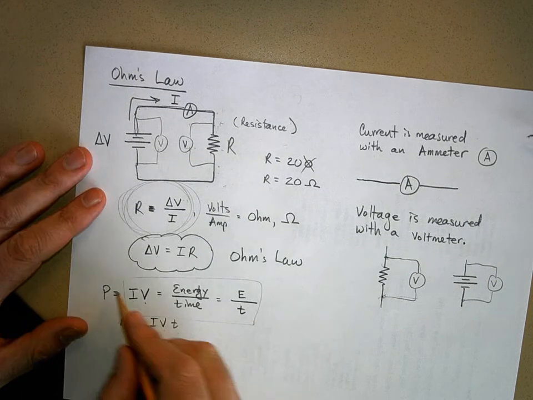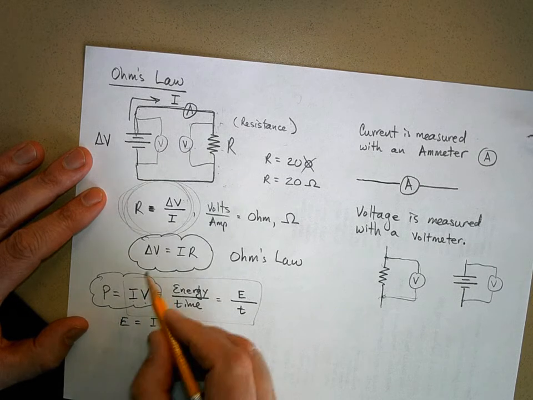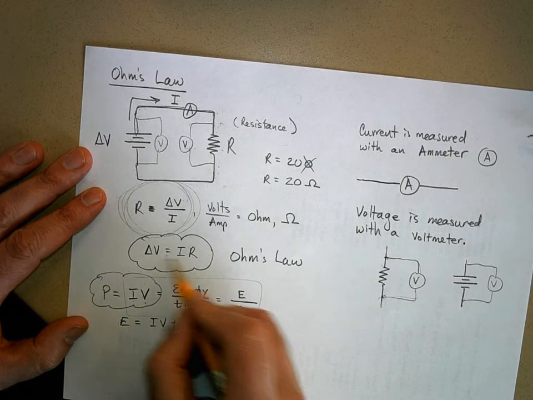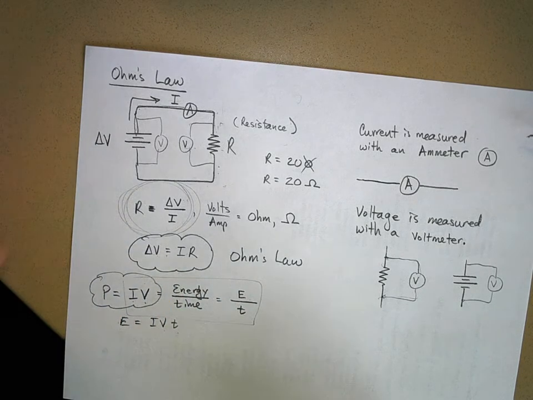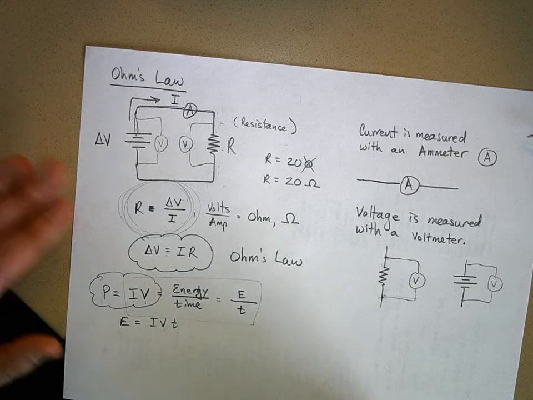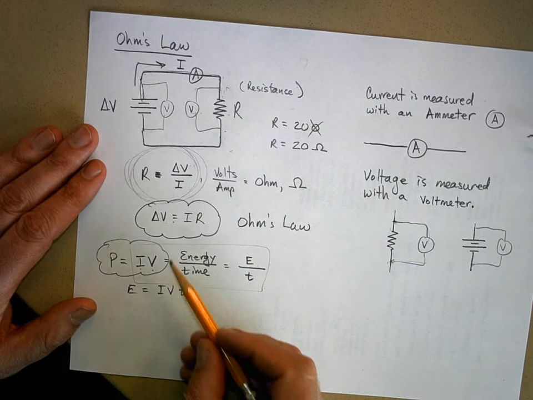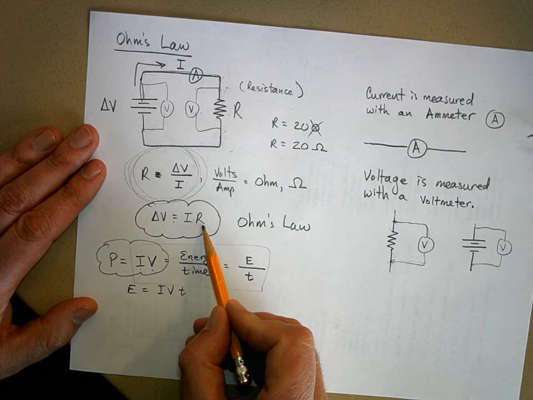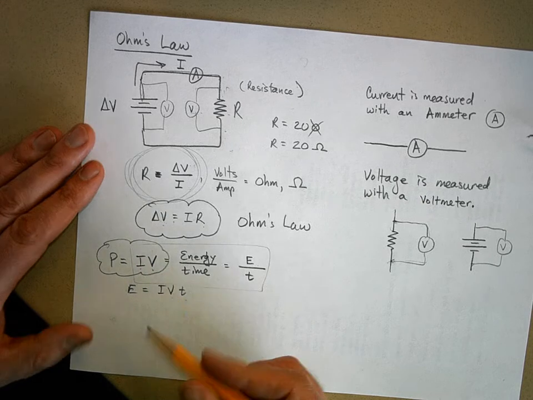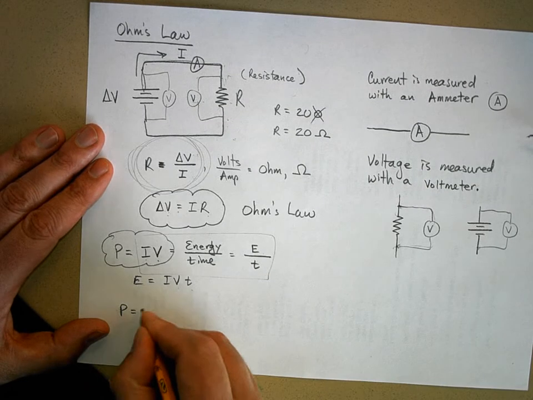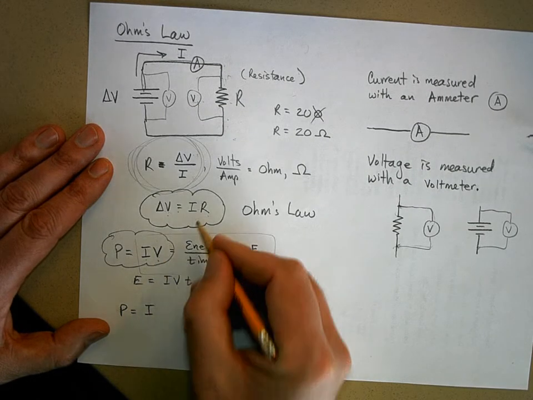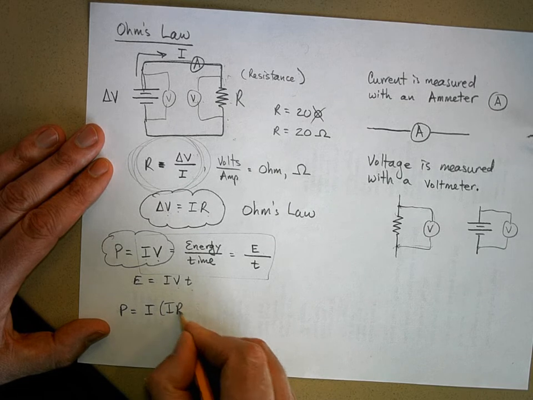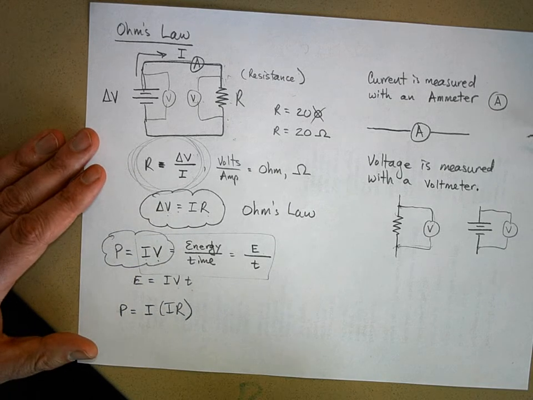Now, so here's my equation for power. Here's my equation for voltage. I can do a substitution. What if I said, well, V equals IR and P equals I times V. So if P equals I times V, but V equals I times R, we get a very famous equation.